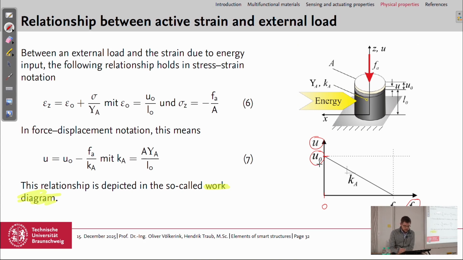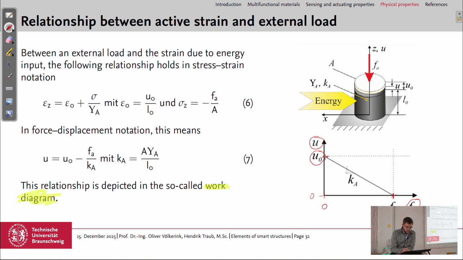And the other way around, we have the blocking force, which is Fb. The blocking force is defined as the force we need to push back the actuator to its original length. So we have no displacement u, and therefore here we have 0 on the y-axis, here the blocking force.